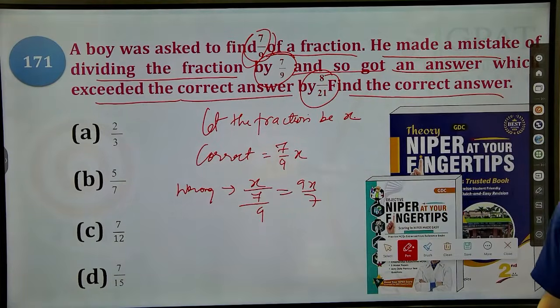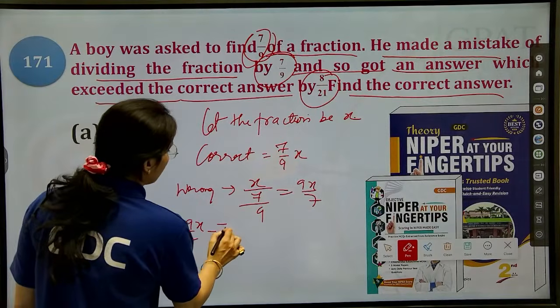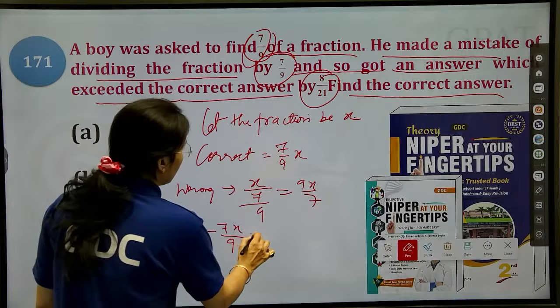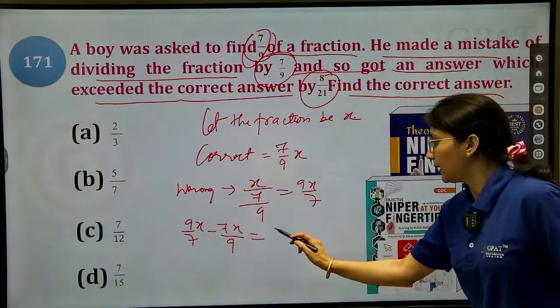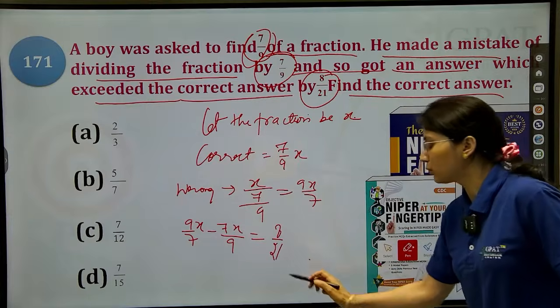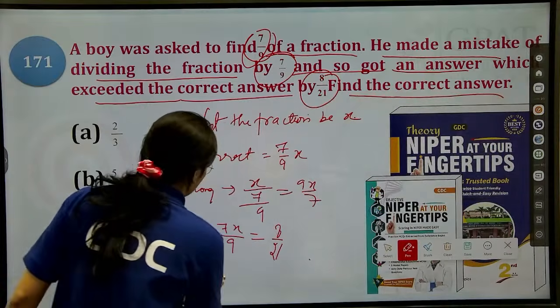So the given condition is 9x by 7 minus 7x by 9 is equal to 8 by 21. When you solve this, you will get x equals 3 by 4.